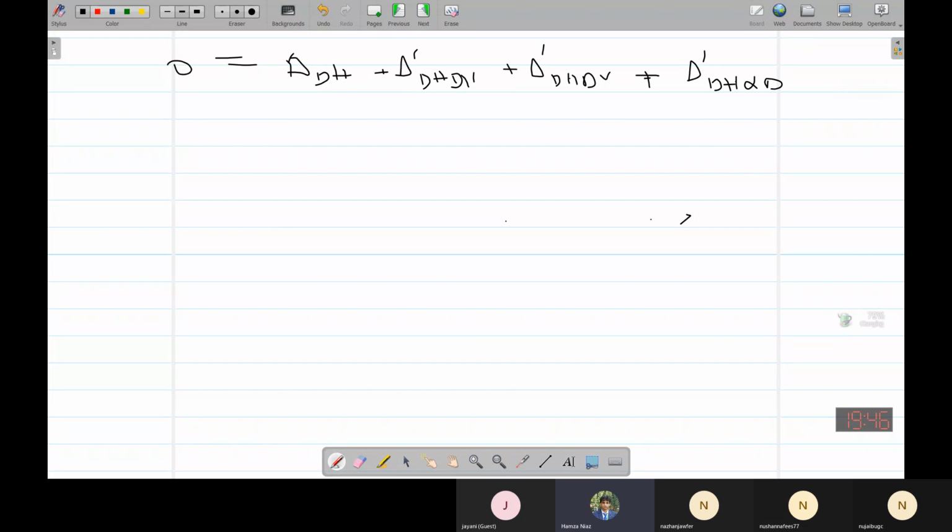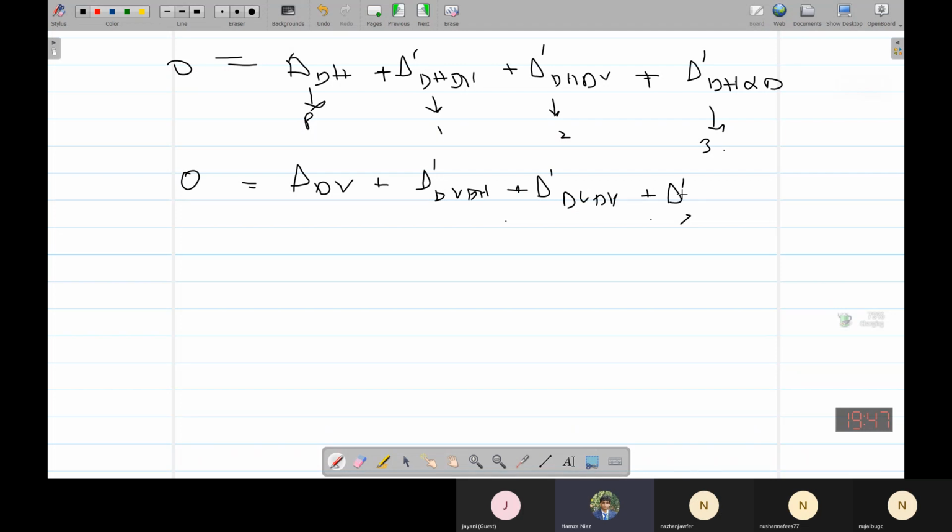So this one was in the primary structure. This is the first redundant structure, second redundant structure, third redundant structure. We are just equating them. Similarly, for vertical displacement, we can write delta dv plus delta dash dv by dh plus delta dash dv by dv plus delta dash dv by alpha d.